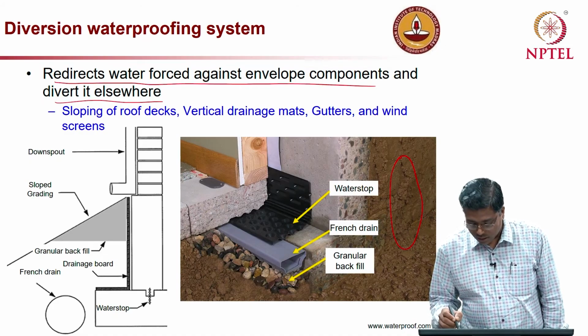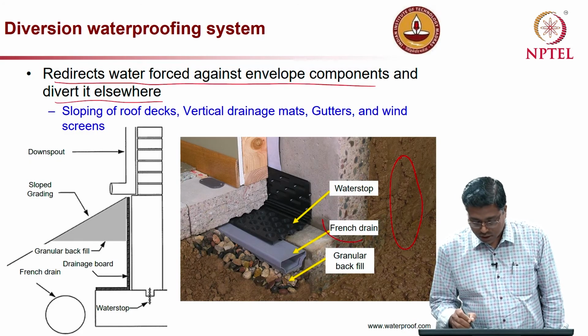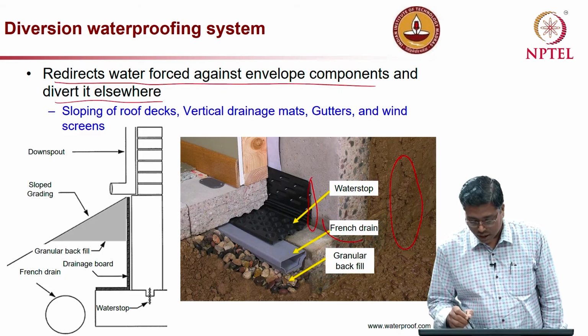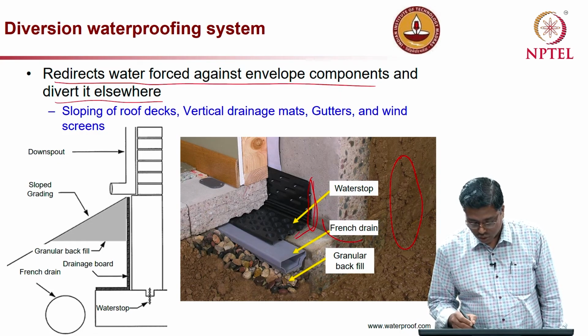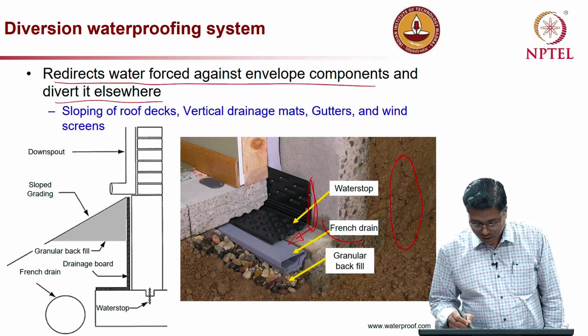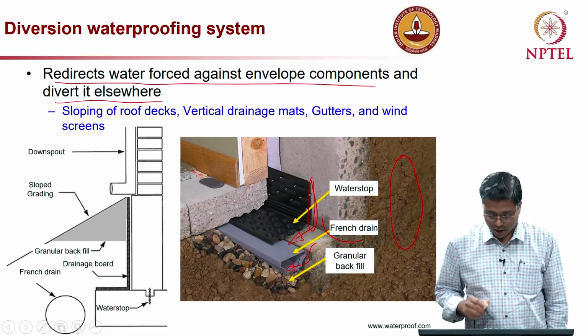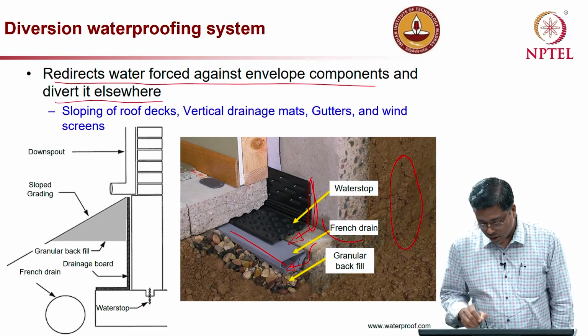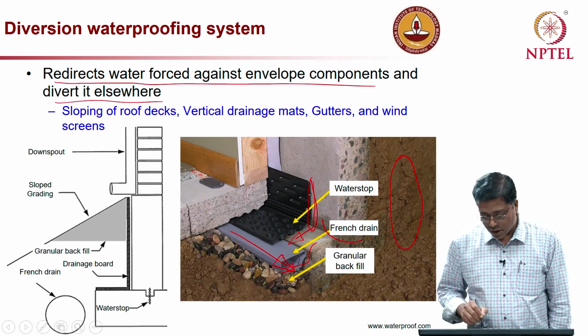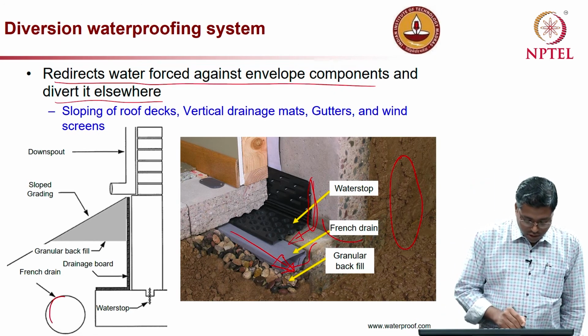So, what if the water is coming in? There is a space between this and the concrete wall. Somehow water will drain through this drain board and then get into this French drain, and then the water will flow along the drain like this. So, this is the French drain here.